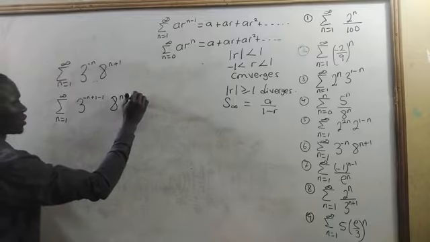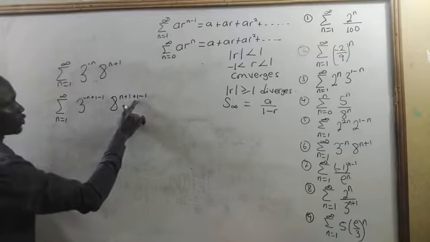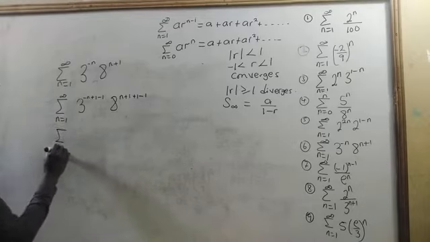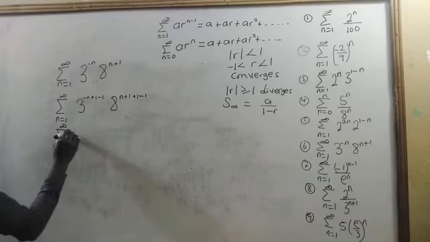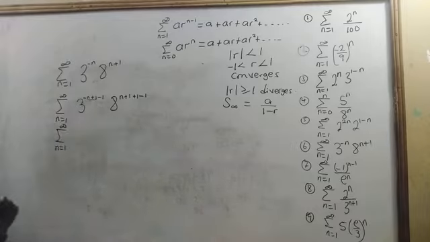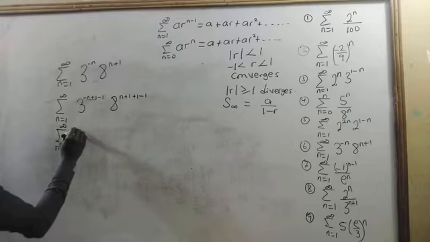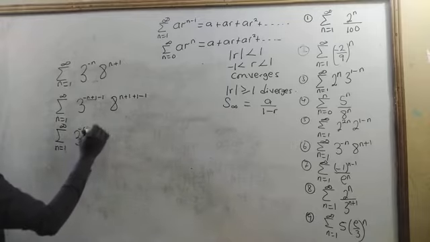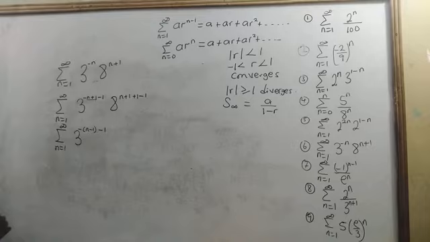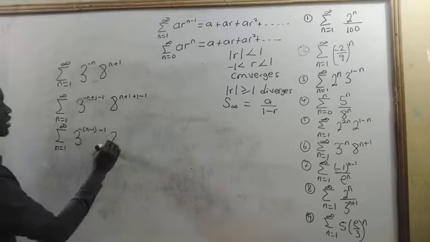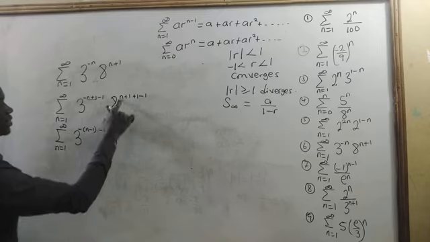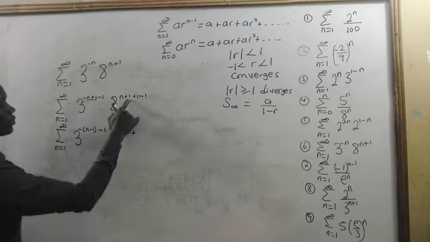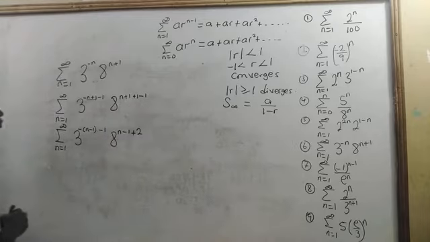Let's add plus 1 minus 1, because plus 1 minus 1 is 0. So let's move on. We have summation from n equal to 1 up to infinity. Let's consider this one. That will give us 3 exponent negative into brackets n minus 1. And here we still have our minus 1, times 8 exponent n minus 1 plus 1 plus 1 is 2.